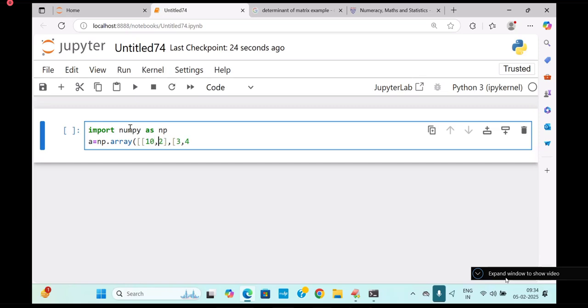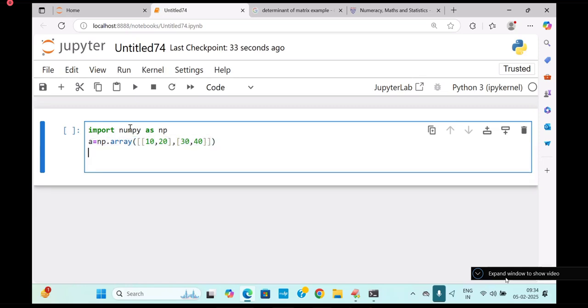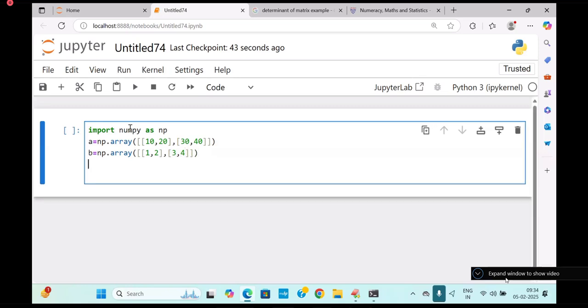I taught this example to you. Then B is equal to [1, 2], [3, 4].